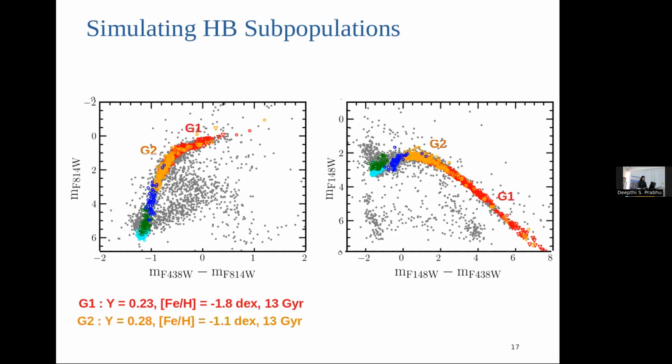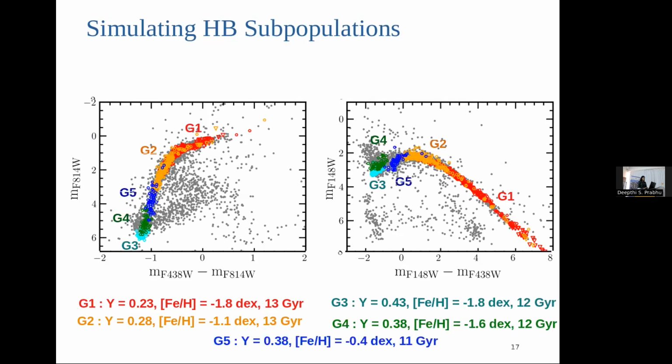So we require groups of populations with these parameters: helium abundance ranging from 0.23 to 0.43, age ranging from 11 gigayears to 13 gigayears, and metallicity ranging from -0.48 to -1.88.